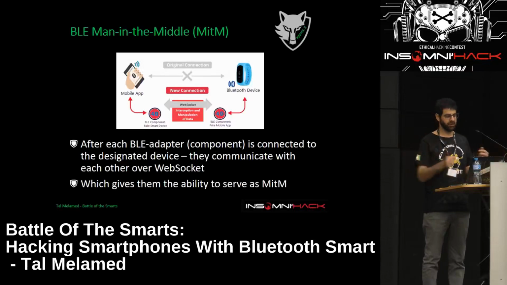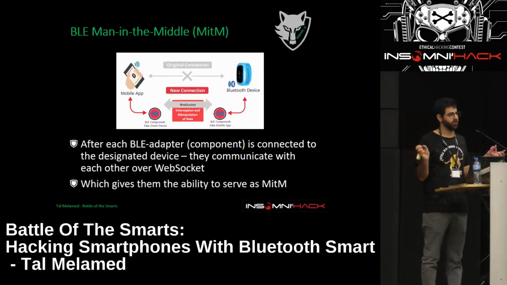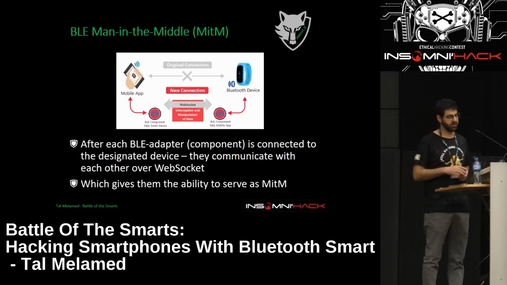Now, how are they going to connect with each other if they cannot use BLE? We need to use a different protocol. That's great, we can use any other protocol, for example WebSocket. WebSocket would be really easy in that case. So we are going to use two BLE components to connect to the actual BLE devices, and then run the man in the middle over a WebSocket. This gives us the ability to perform an actual man in the middle between the device and the mobile.